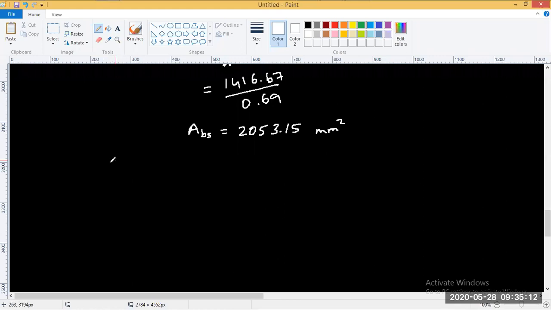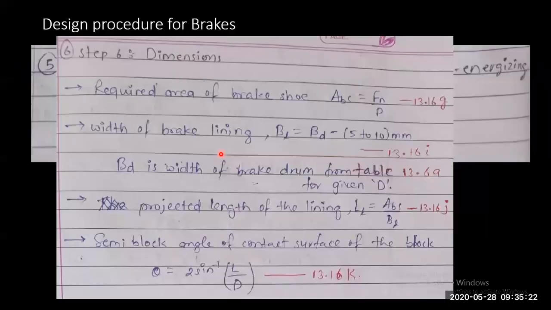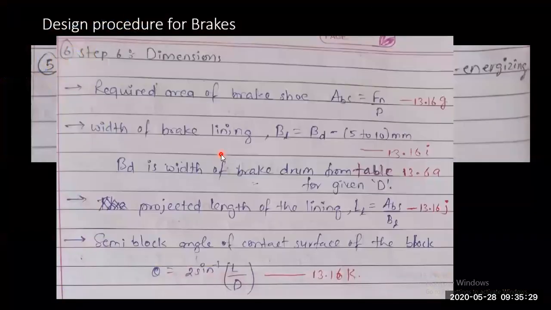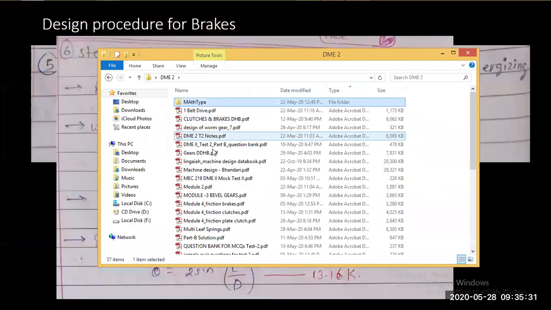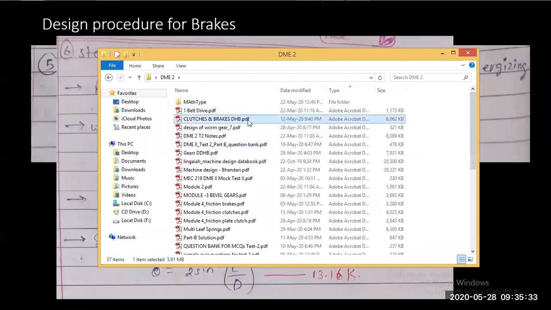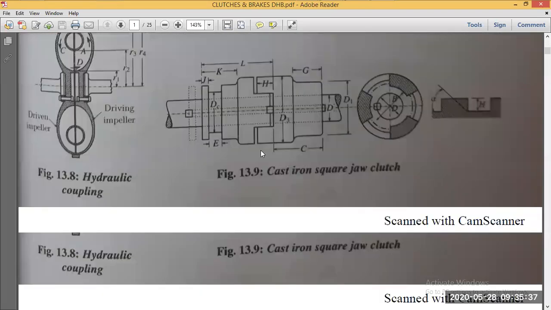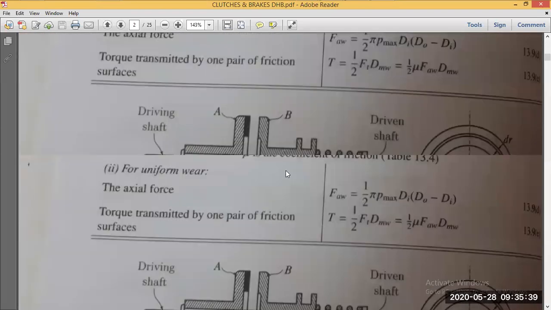So from table 13.6a, let's look at the table. Oh, it's not there here. Let me just open that. Right hand, 13.6a, right?